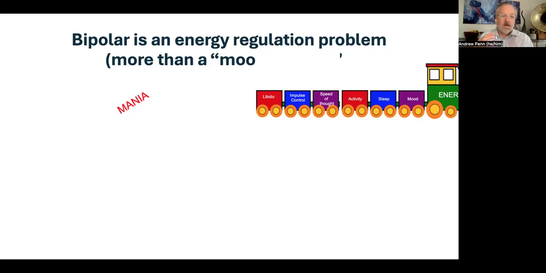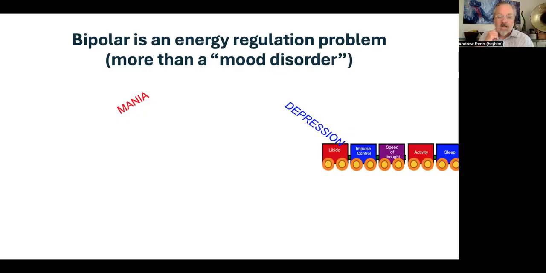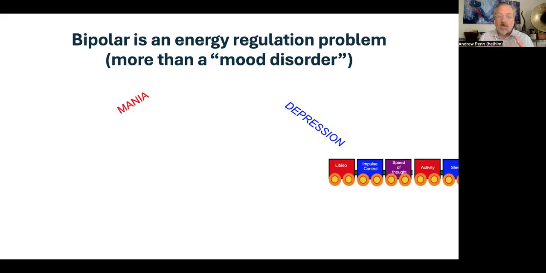And so things like their mood, obviously, but how much sleep they need, how much activity they're engaged in, how quickly they're thinking and talking, what's their impulse control like, what's their libido like. And then when the energy goes down, those things are going to tend to track with it. And so I really look for this sort of dysregulation in energy more than I do mood.